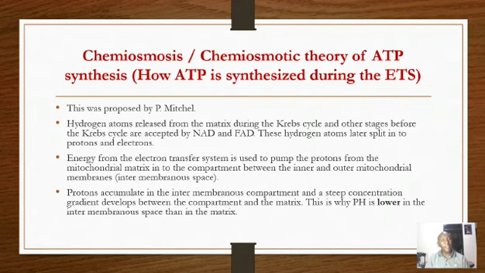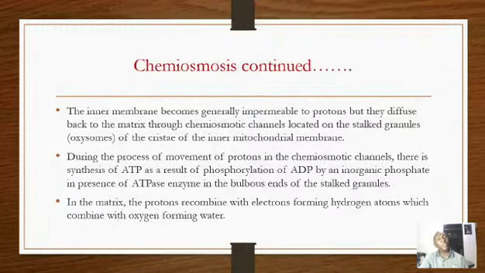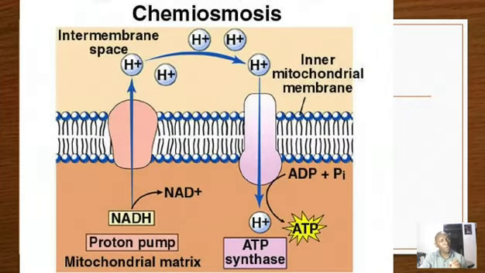This is why the pH in the intermembranous space is lower than that in the matrix. Why? Because the intermembranous space contains very many protons that have accumulated there because they've been actively pumped. So at this point, we have a high concentration of protons in the intermembranous space, just like we are seeing in our visual there.